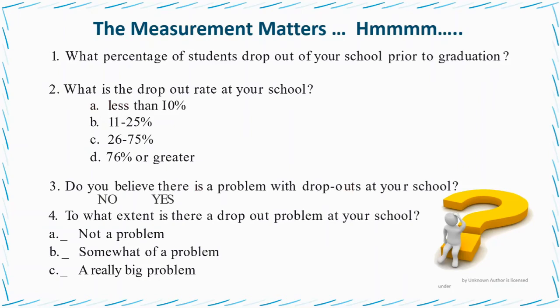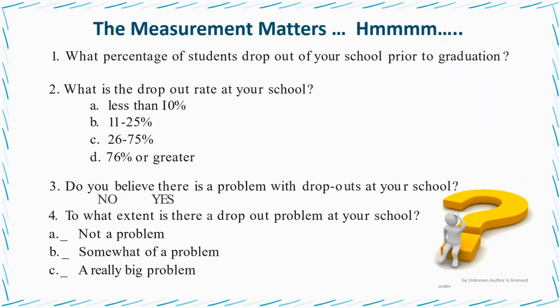If the question were number 1, what percentage of students drop out of your school prior to graduation? You would fill in the blank with some sort of percentage, 64%, 12%, 2%. Gosh, I hope 64% doesn't drop out.